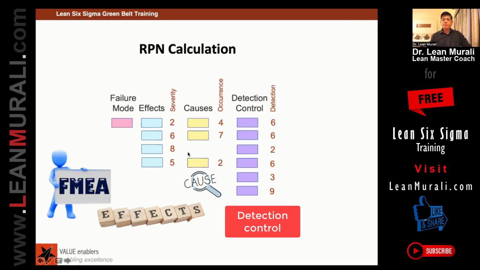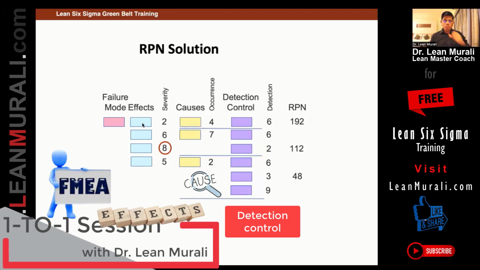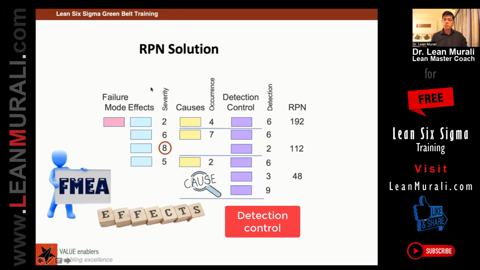Now, please observe me carefully. When you calculate the RPN, you should always take the highest severity. I'll quickly explain. There is a failure mode, and there can be multiple effects for one failure mode. Then causes are related to the failure mode, and there can be multiple causes. For a cause, there can be one or more detection controls.